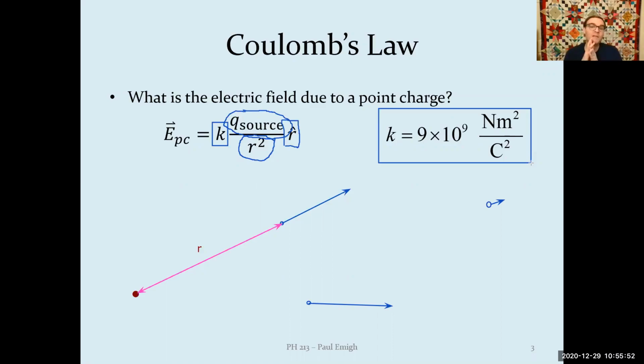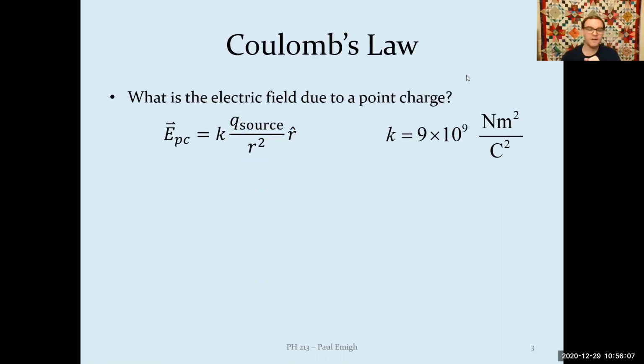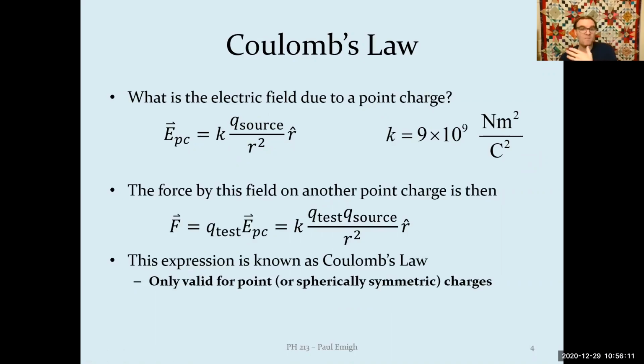At that point, we can use all the machinery that we've already developed to figure out how big the electric force on a different point charge is due to the electric field created by this one. And I'll show you a little bit of what that looks like here. We basically just have to multiply this electric field by a test charge.